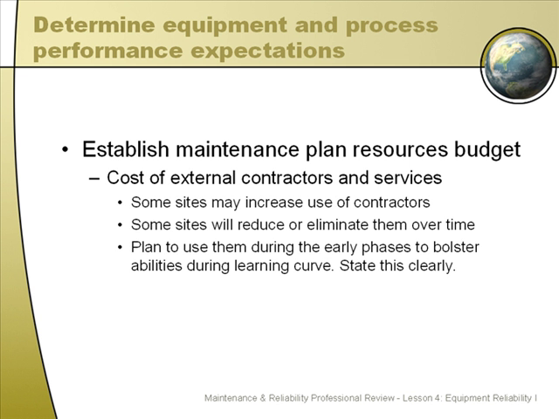Another aspect of measuring and determining the equipment and process expectations and establishing the maintenance plan resources budget is the cost of external contractors and services. This can be a significant portion of the maintenance budget at a site. Some sites may increase the use of contractors under a proactive maintenance arrangement.